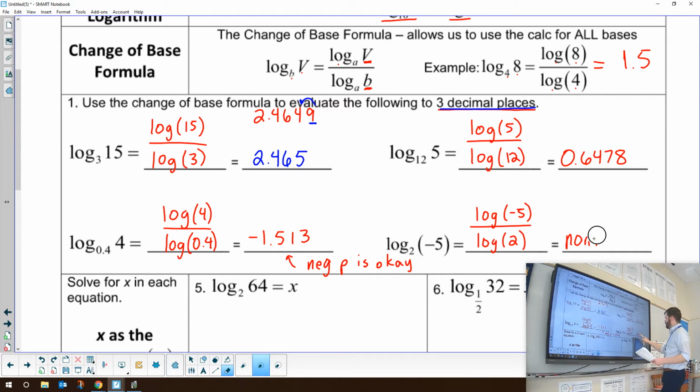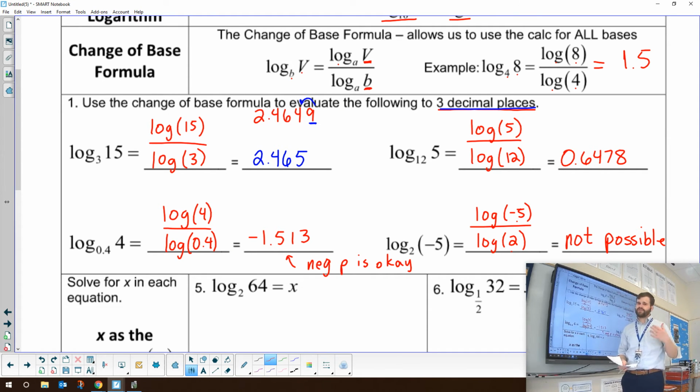It is not possible because we cannot have a negative base or a negative value. If either one of these are negative, whenever you plug it in, it will not work. Your answer can be negative, but those two we plug in cannot be.